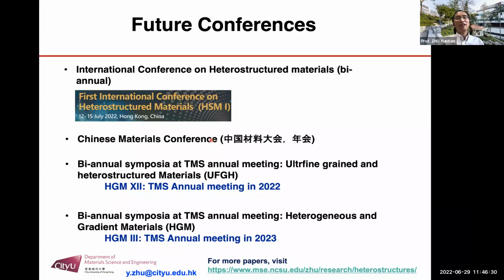However, it was canceled this year and last year. And also at the TMS meeting in the US, there's this UFG and H, which means heterostructured, a biannual conference. The next one will be in 2024. There's another biannual symposium, heterogeneous and gradient materials, and the next one will be 2023.